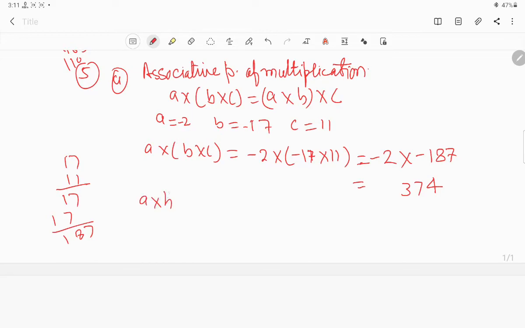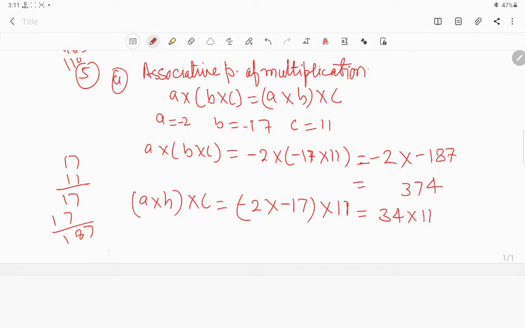(A into B) into C is equal to -2 into -17 into 11, is equal to 34. Minus multiplied with minus, an even number of negative integers coming, their product sign is positive, so that is plus 34 into 11.